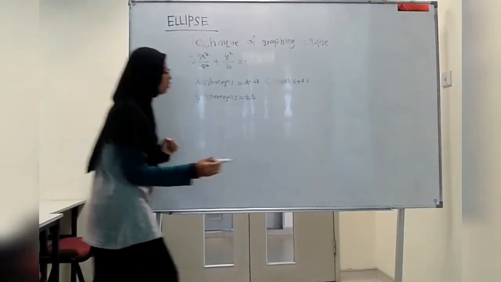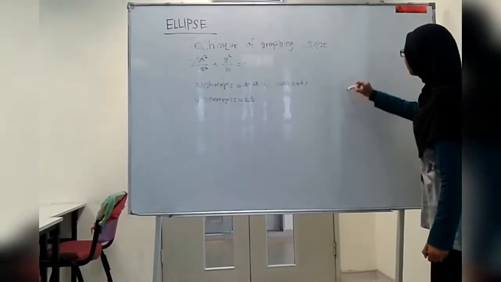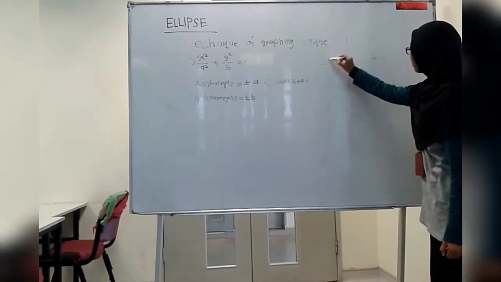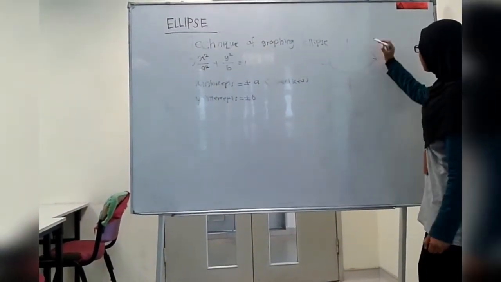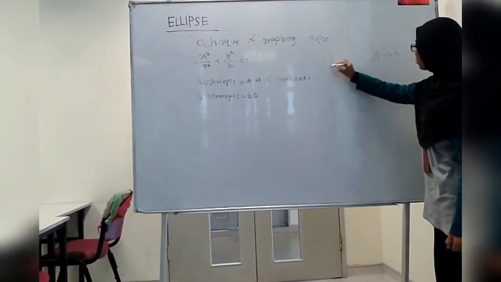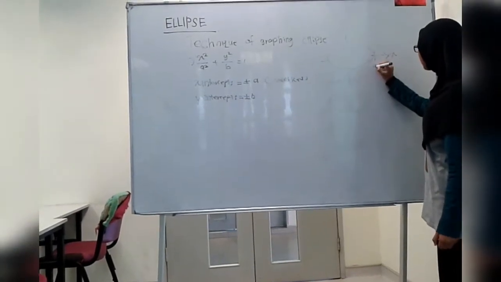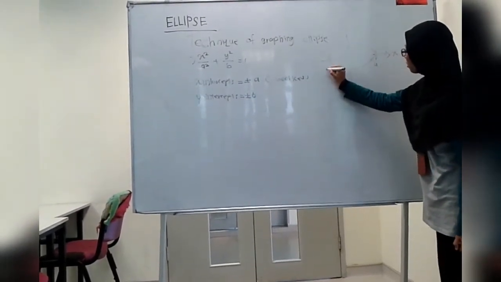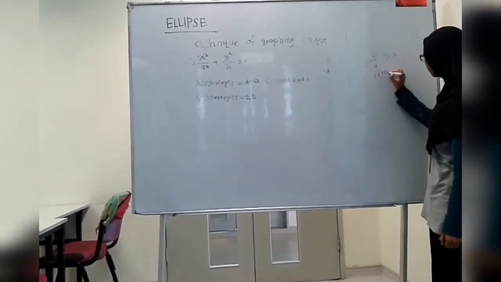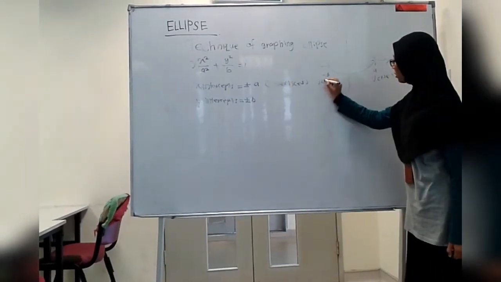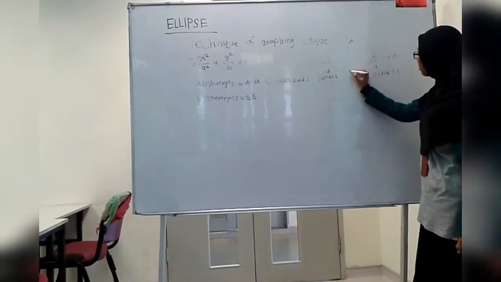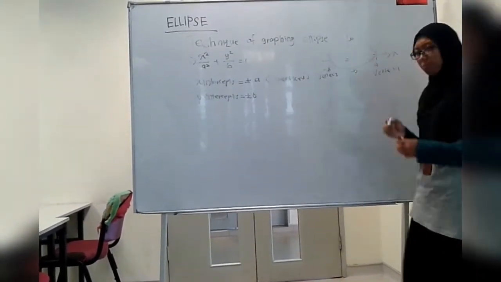We can draw the graph like this. This is the vertex, which is the x-intercept, plus a, and this is negative a. The vertices are vertex 1 and vertex 2, and here is b.